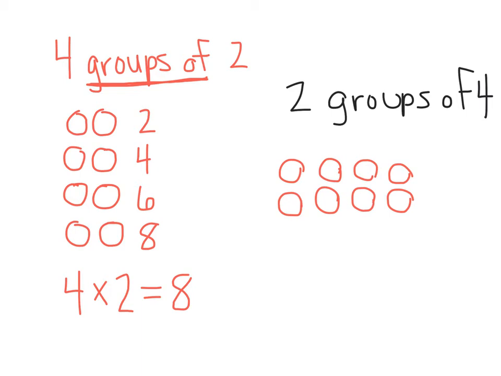In this array, I still have 8 altogether, and I can skip count 4, 8. So I have 8 number discs in my first array, 8 number discs in my second array, and my multiplication sentence would be 2 groups of 4 equals 8.